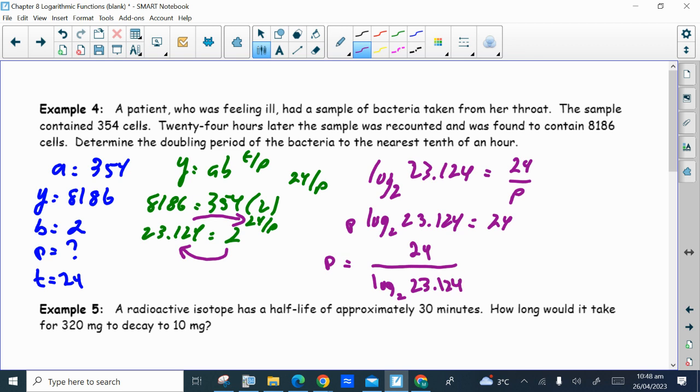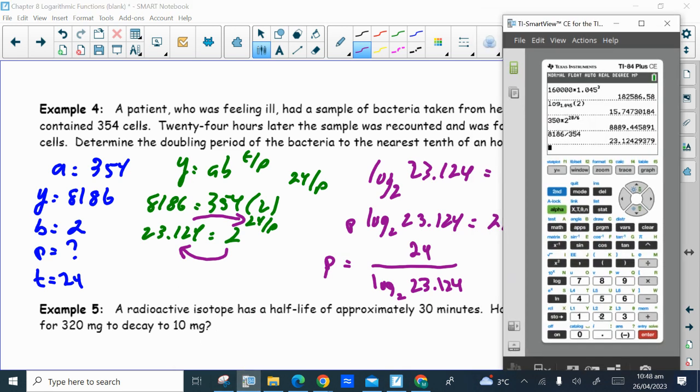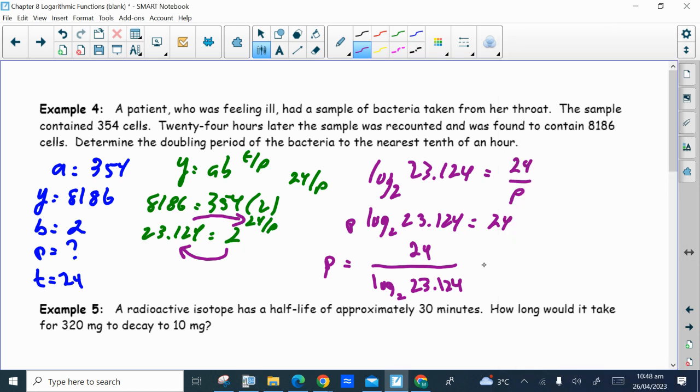So that's what we need to do in our calculator to get P by itself. 24 divided by log base 2 of that entire decimal, my previous answer. So we're asked to round this one to the nearest tenth of an hour. The doubling period is every 5.3 hours approximately. The number of bacteria is doubling every 5.3 hours.